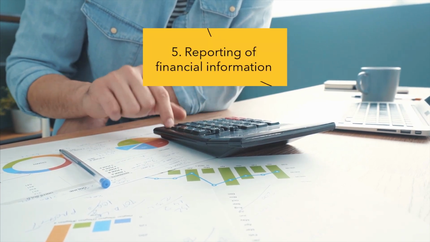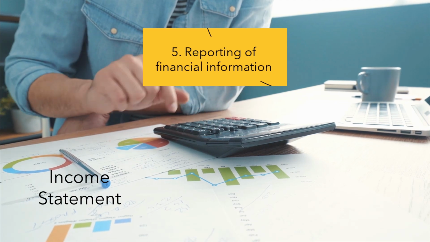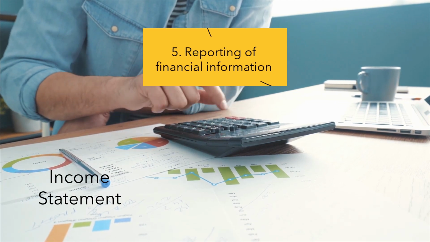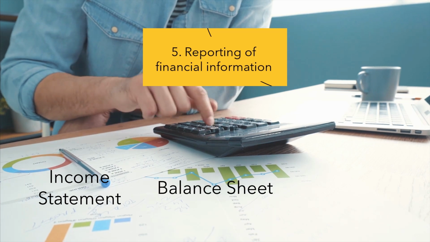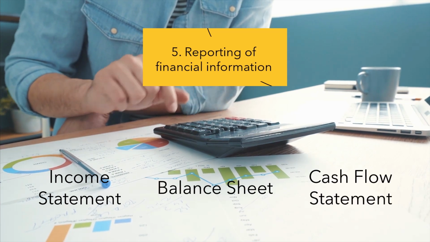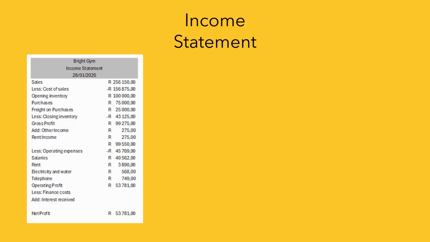So we have the total profit or loss made in the period, as well as the assets and liability positions of an entity, and then the cash flow. First, we have an income statement. The statement merely reflects the results of the trading operation, meaning income minus expenses will give you your profit.